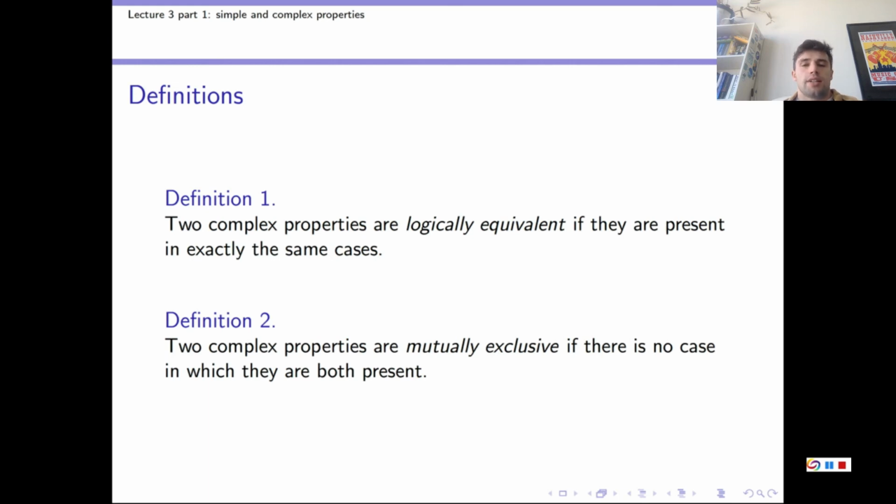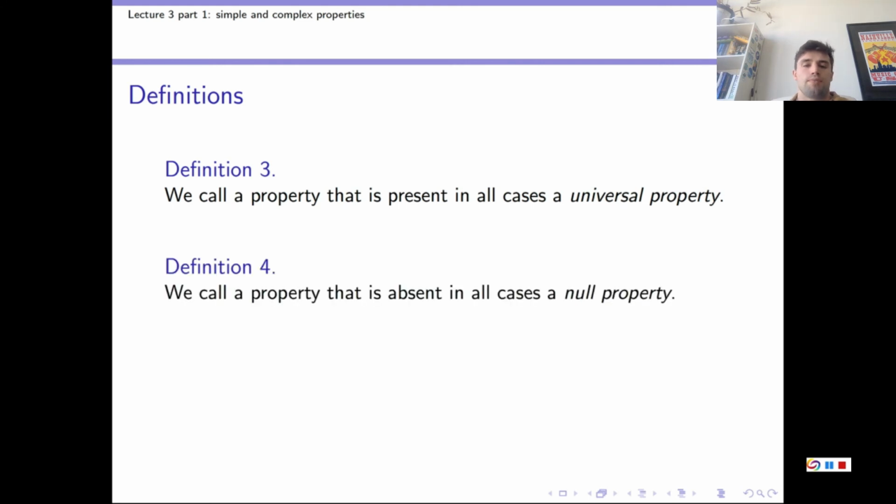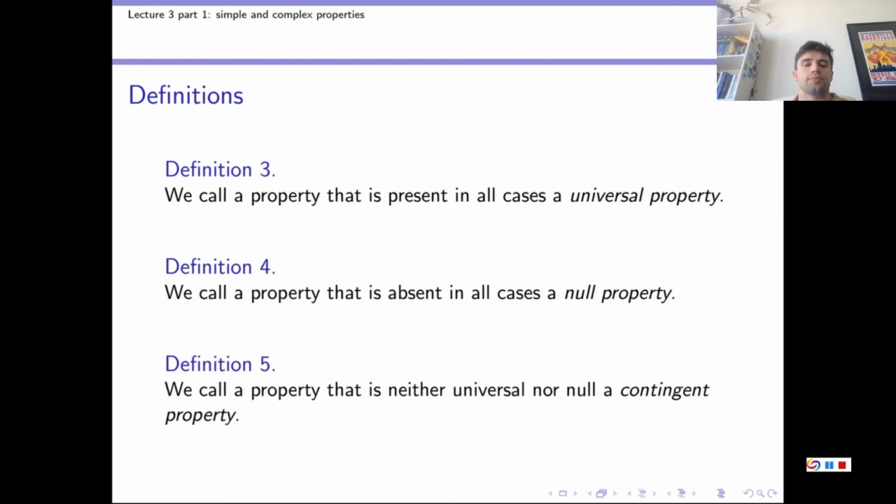So next, analogously to last lecture, we call a property that's present in all cases a universal property. This is analogous to tautologies from before. On the other end of the spectrum, we call a property that's absent in all cases a null property, and this is analogous to contradictions from before.